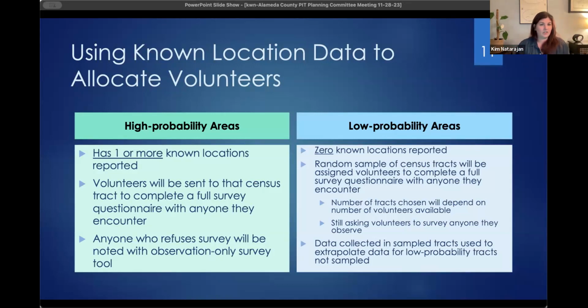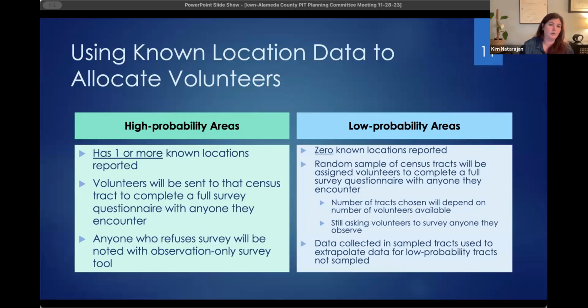And as we're setting it, a high probability area has at least 1 known location reported. At least 1 person is known to be experiencing homelessness in that census tract, according to all the preliminary research that we're doing now. And volunteers will be sent there and they will be asked to attempt to survey anyone they observe.